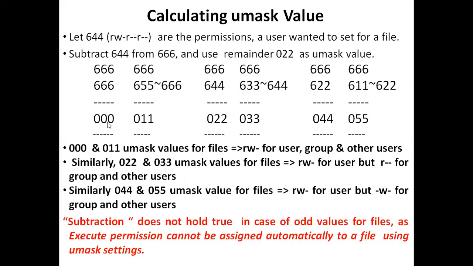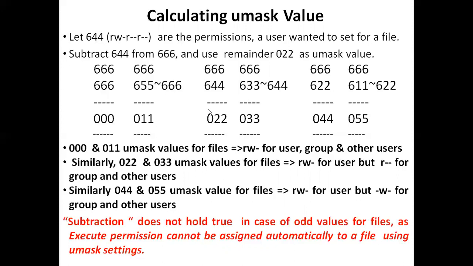It means this default value means the user will get this set of permissions. If the user uses 011, then it means the user should get this set of permissions. 5 means execute permission is included, but no, files cannot be assigned execute permission by default, so this 5 will be equivalent to 666.